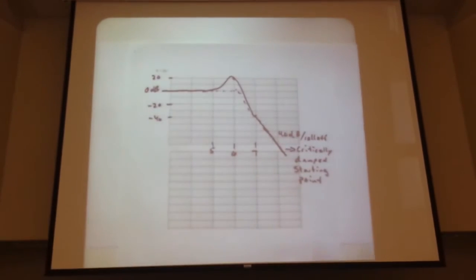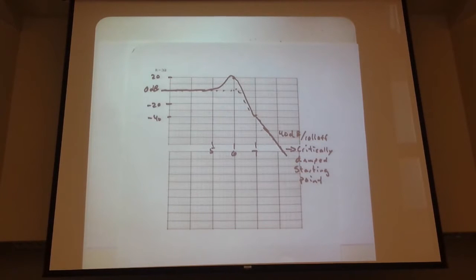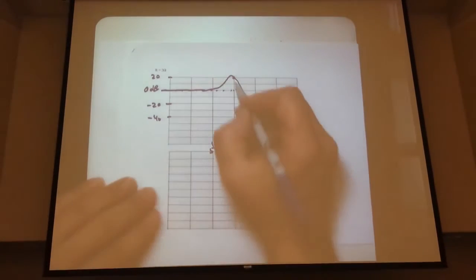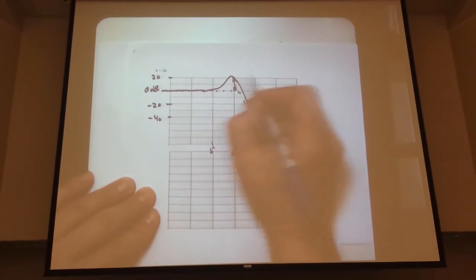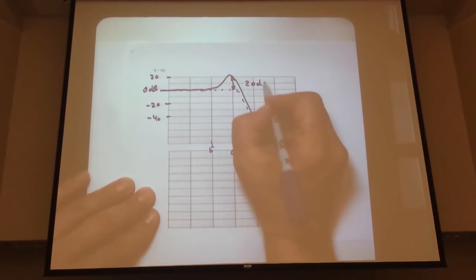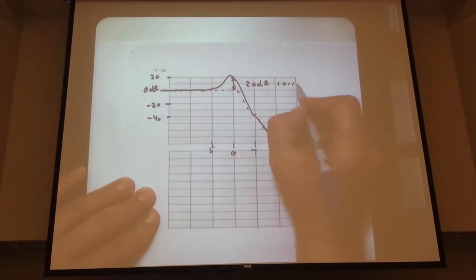Now the bandpass filter has its own little tricks, its own little quirks. To come back to our strongly underdamped case here, we established this was a 20 dB correction. That was the one we just looked at.